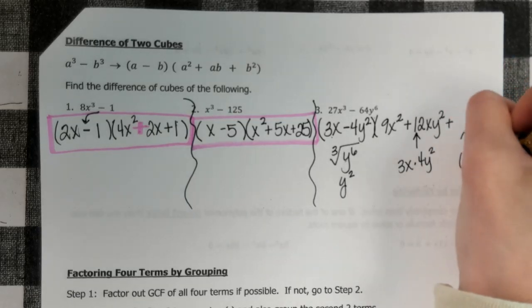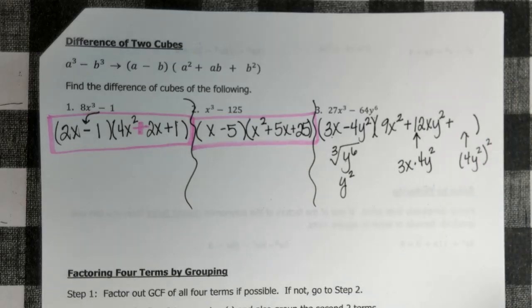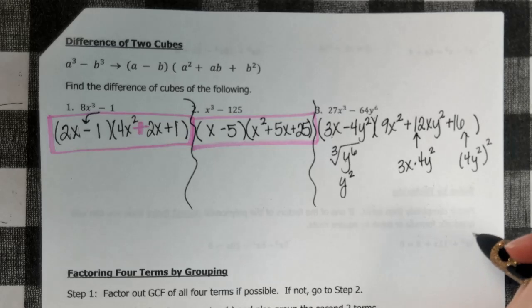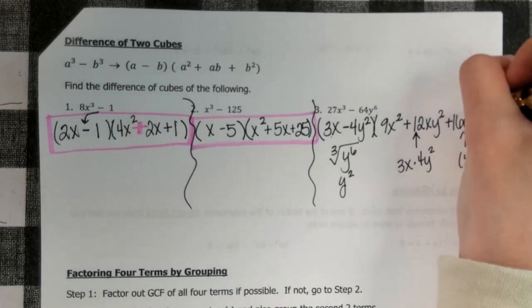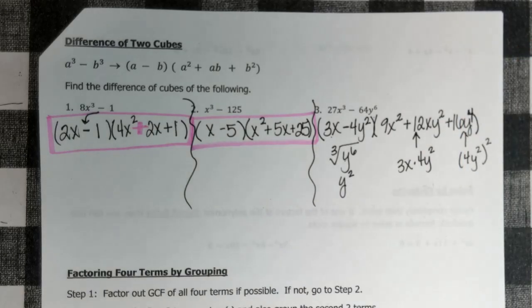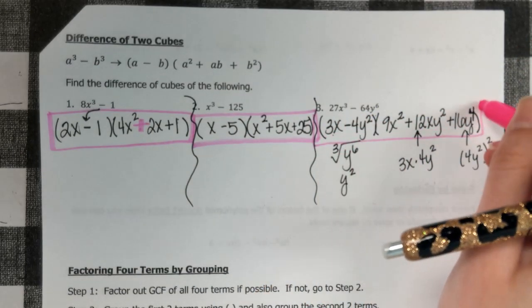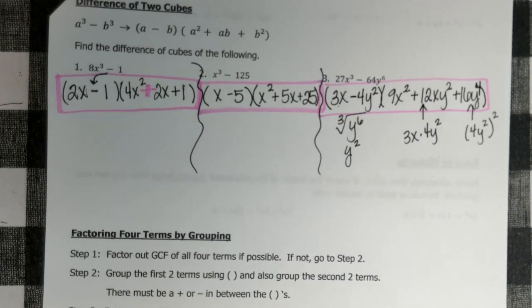Now you're taking 4y squared, and you're squaring that. So 4 squared is 16. Y squared is going to give me y to the 4th. Okay, you understand the pattern?